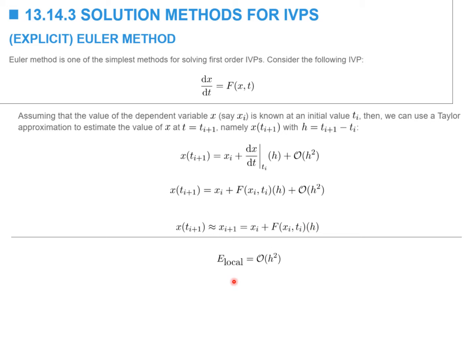And the error term, as we mentioned earlier, is directly proportional to h squared. We call this local because that's the error associated with one time step.